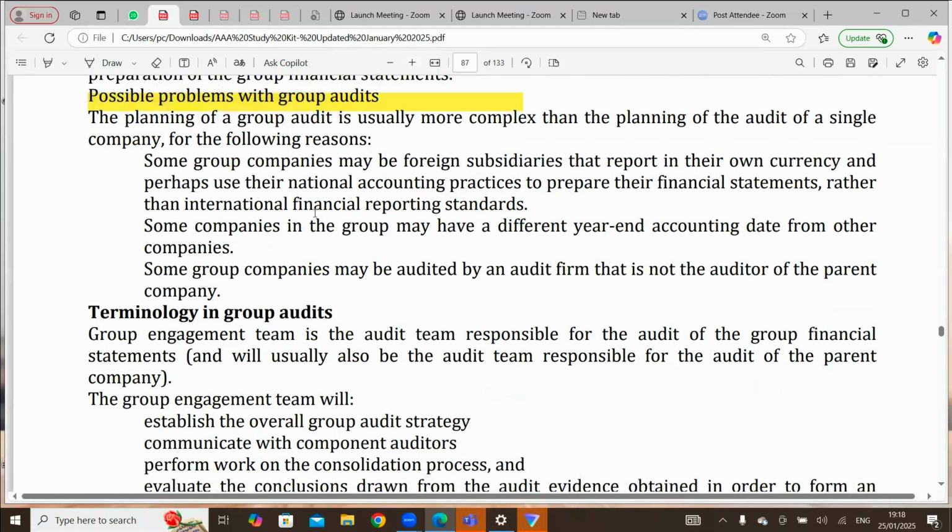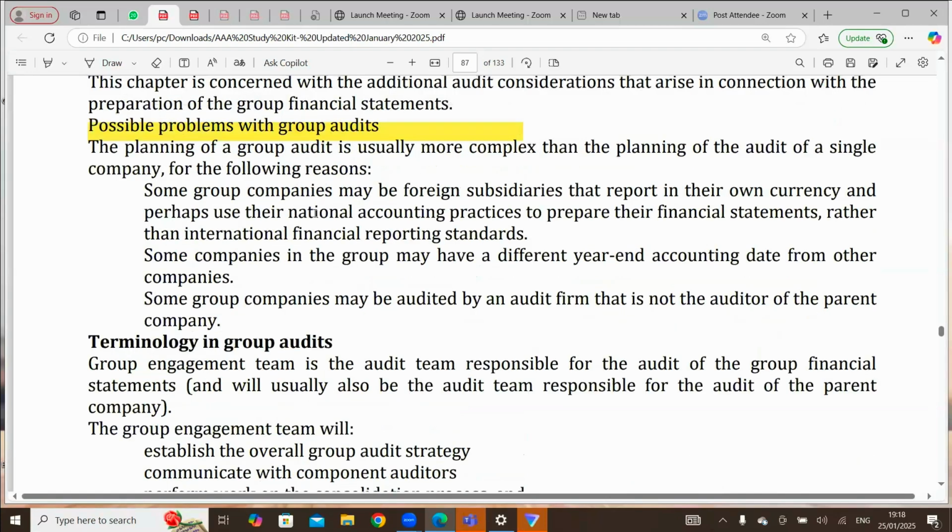So we talked about the fact that it requires more complex planning. Some companies have foreign subsidiaries, and those subsidiaries have their own currency. Some companies in the group have a different accounting year end. Some companies may be audited by an audit firm that is not the auditor of the parent company. So these are the problems that can arise from a group audit.